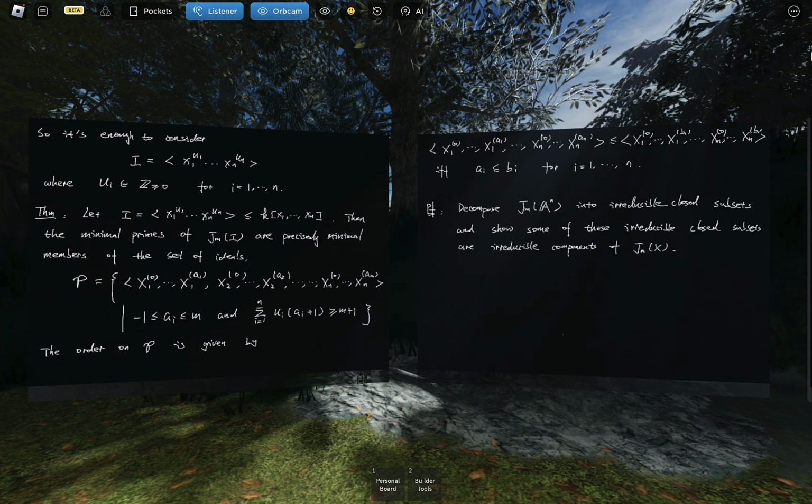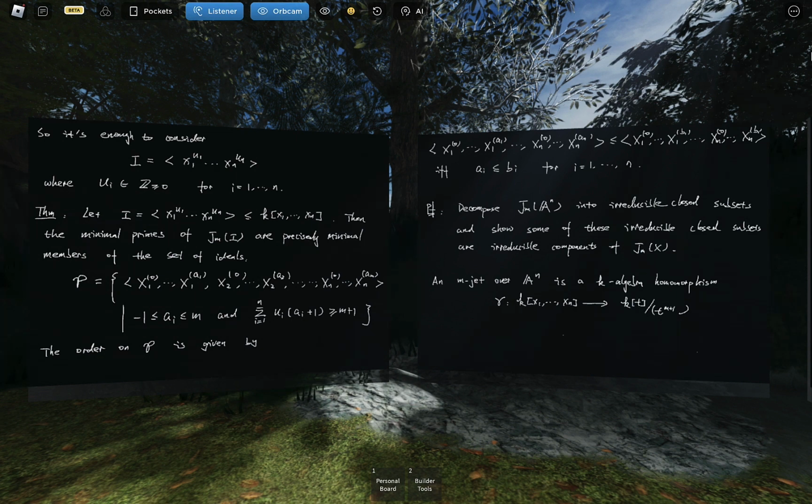Okay, let's start. First, let's consider an arc over the affine space AN. An arc over AN by definition is a K-algebra homomorphism, say gamma, from the polynomial ring to this ring.